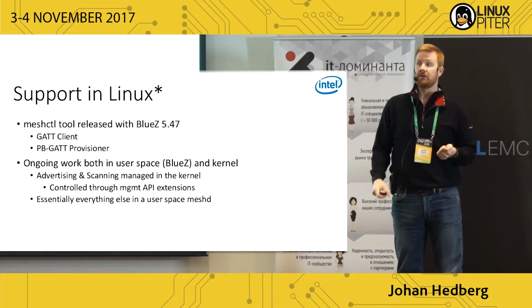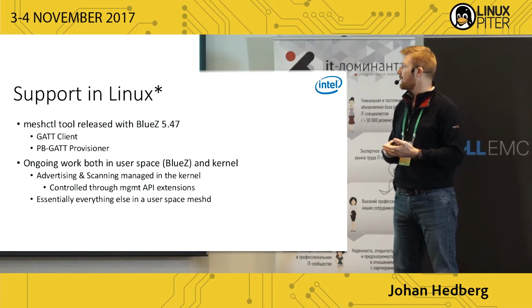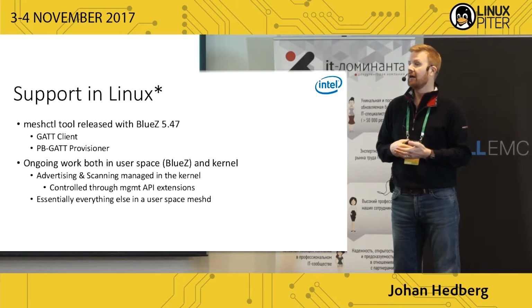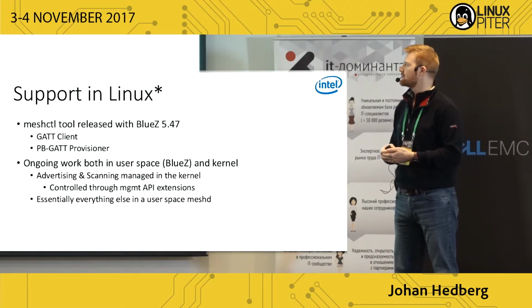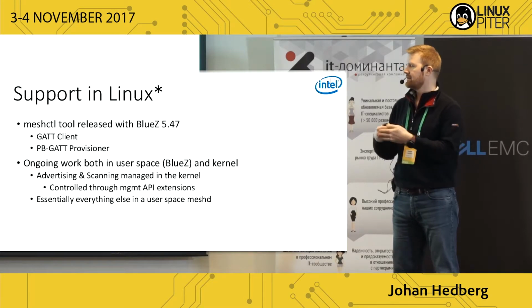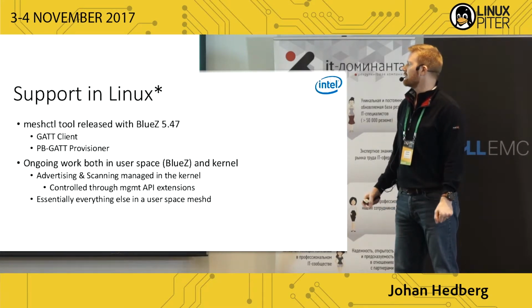And we've started work to get the full native advertising bearer working in Linux as well. I think we're going to have the first batches for that sent upstream by the end of this year, but it's not yet quite there.